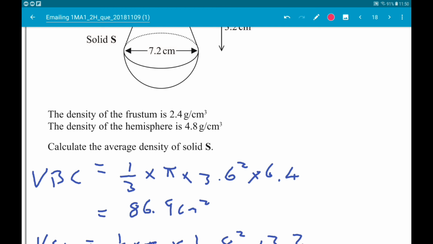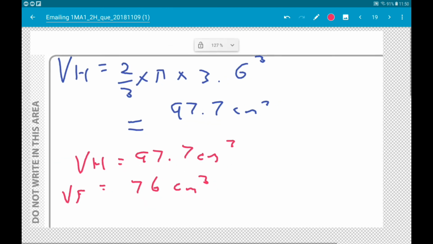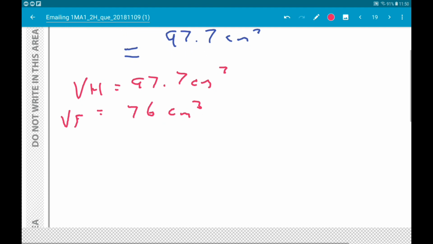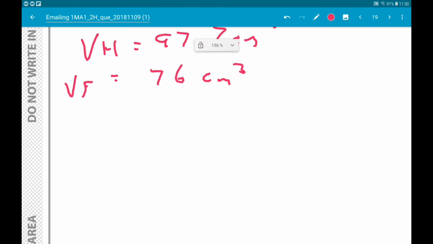So the mass of the hemisphere is 4.8 times 97.7, which gives us 469 grams.